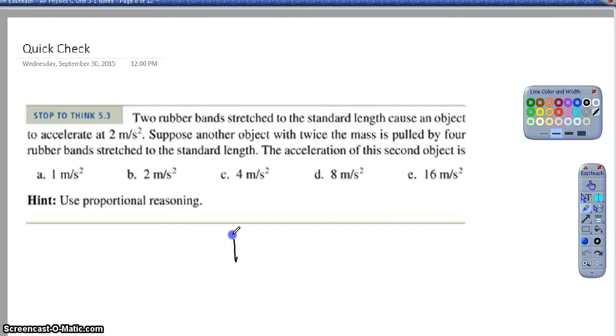Well, the way that I'm approaching this is just using force equals mass times acceleration. I know if I initially have 2 rubber bands and a mass and it's causing 2 meters per second squared, and then I make it 4 rubber bands, that's just going to double the force. But then they also say that the second object has twice the mass, so what has to happen to the acceleration?